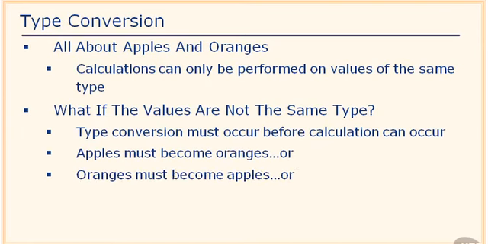It's kind of hard to make an apple become an orange, or an orange become an apple. But if both are typed as fruit, now we're okay. So I have 2 pieces of fruit. I buy 2 more pieces of fruit. Now how many pieces of fruit do I have? I have 4 pieces of fruit. Do you feel like you're on Sesame Street at this point? So that's what's going on with conversion.